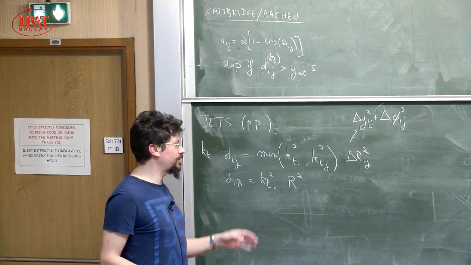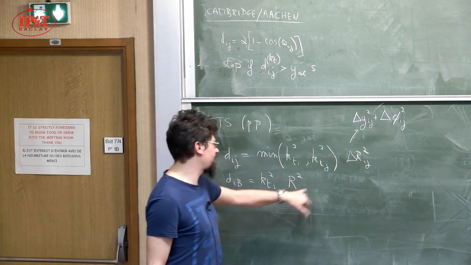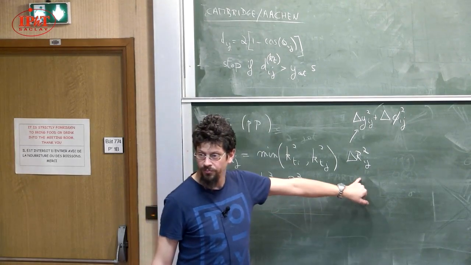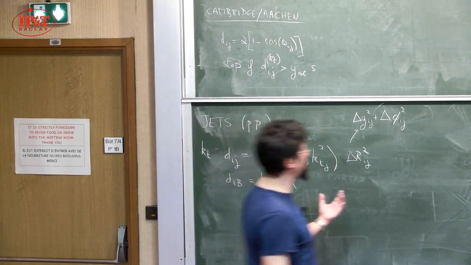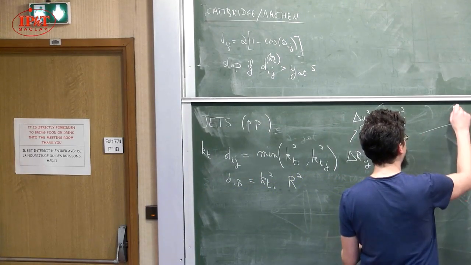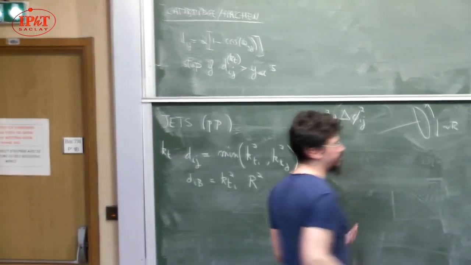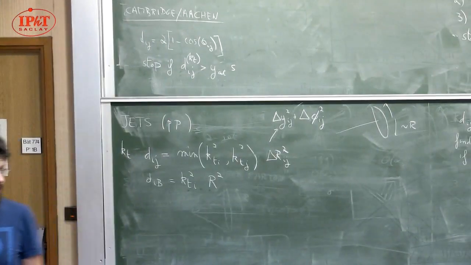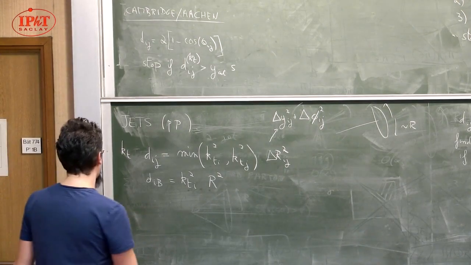But the moment the distance between the particles is bigger than the jet radius, d_iB becomes smaller, meaning R squared is doing the job of limiting the reach of your jet to something of order R. This is the kt algorithm as used at the LHC today.